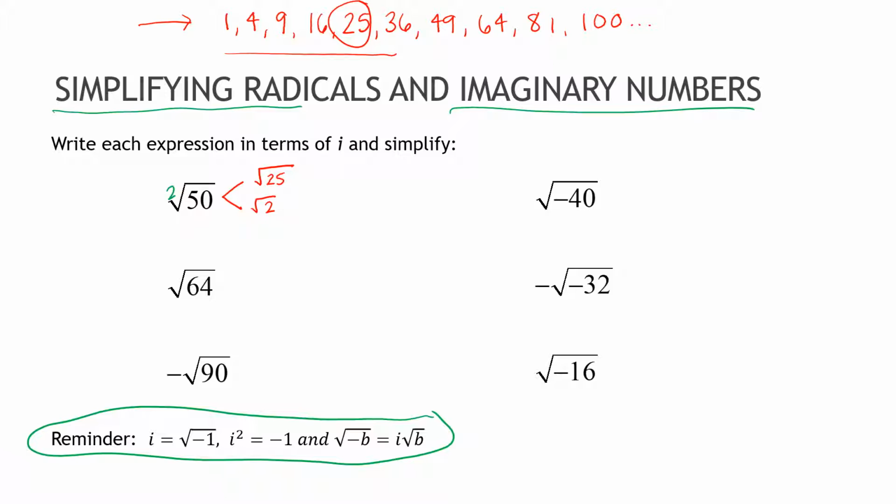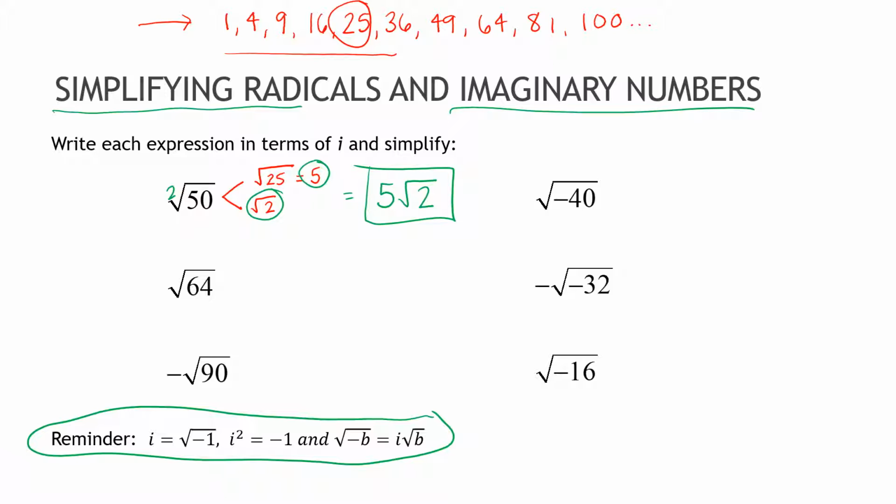Now, why would I do that? Because I can find the square root of 25, which is 5. So if I want to simplify this, my solution is 5 radical 2. The 5 came outside the radical because I took the square root, and the 2 stayed in, because the square root of 2 is like 1.41, etc., not a whole number. So my answer is 5 radical 2.